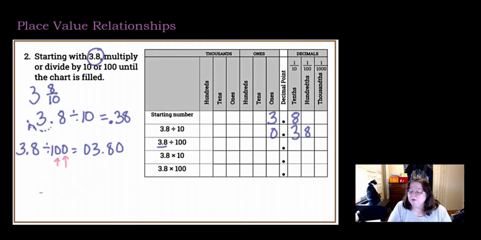So that means I'm going to move my decimal point 2 places. How do I know which way to move it? Well, I'm dividing. My number's getting smaller. The only way my number's getting smaller is to move it 2 places to the left. If I moved it 2 places to the right, my number, instead of being 3 and 8 tenths, becomes 380.